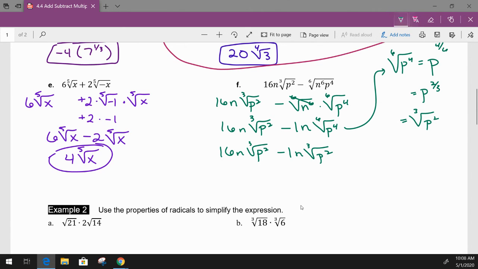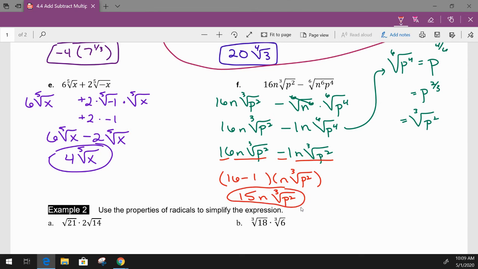If you notice, both terms have an n times the third root of p squared. So if we factored out the n times the third root of p squared, we would have 16 minus 1 to put together, which would give you 15n times the third root of p squared.